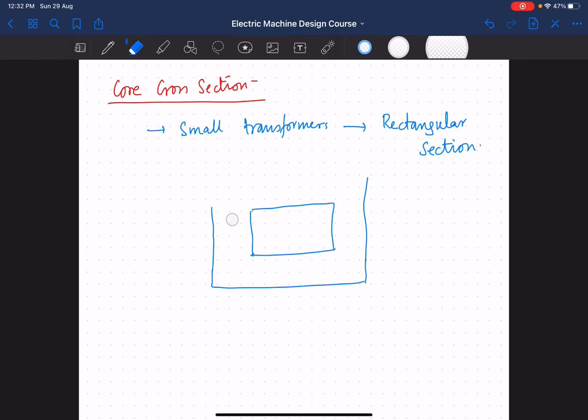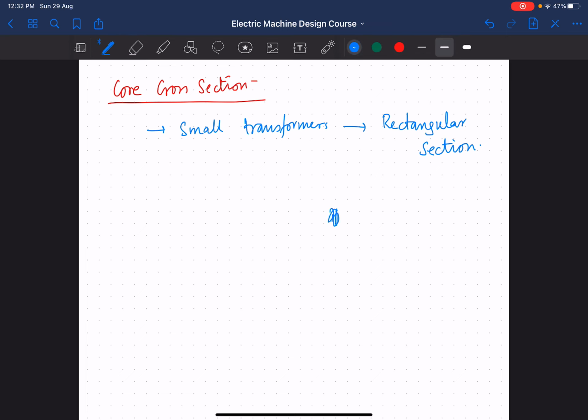However, for large transformers, it is ideal and it is desired that the core cross section be a circle.